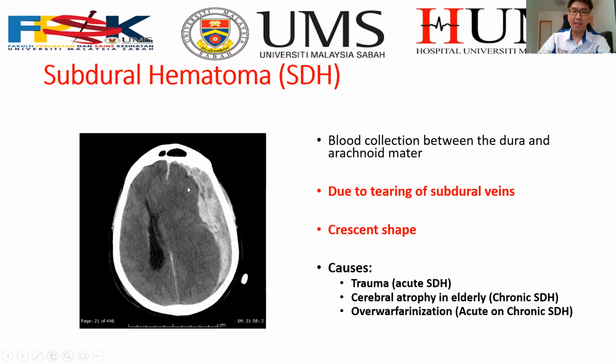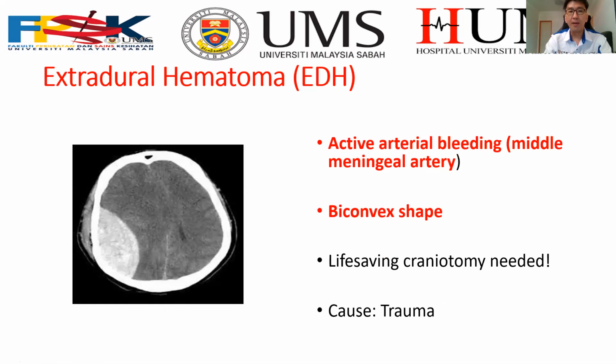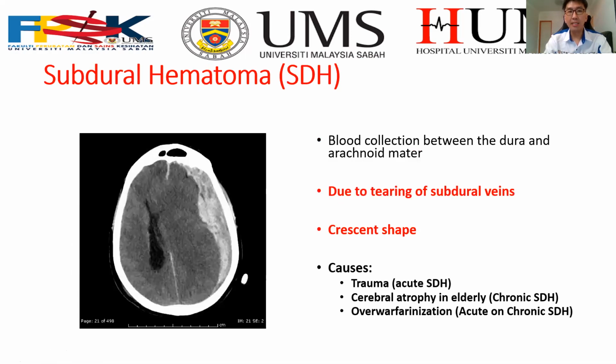The same goes for this SDH, creating a very big pressure effect on the brain, causing a right-hand shift. And then you can see the cerebral edema, where the gray-white differentiation is reduced. You can't really see the differences over here. So this is an important thing that you must look for.